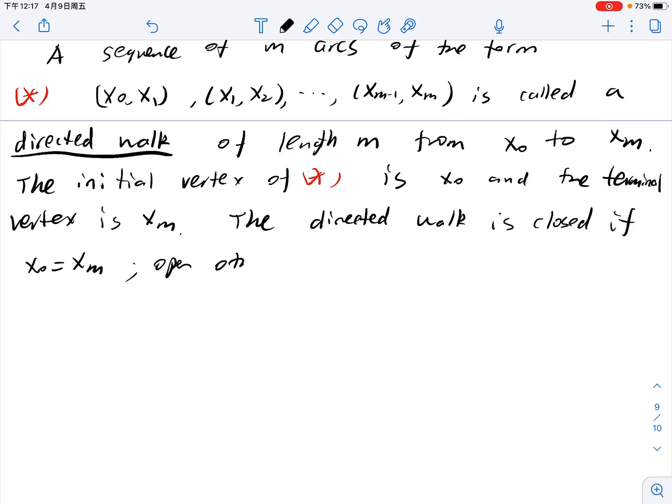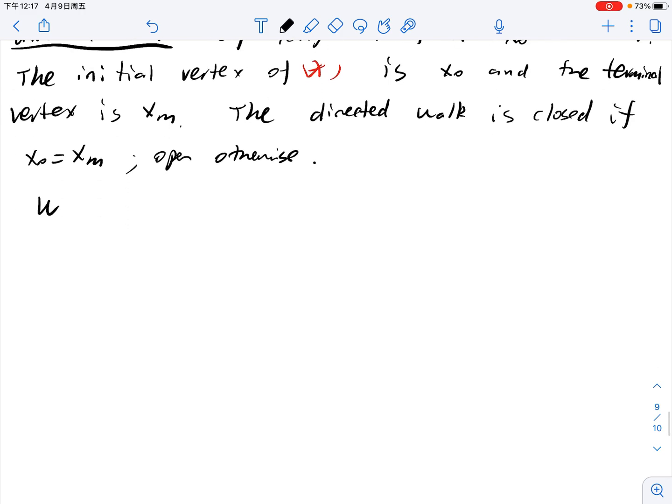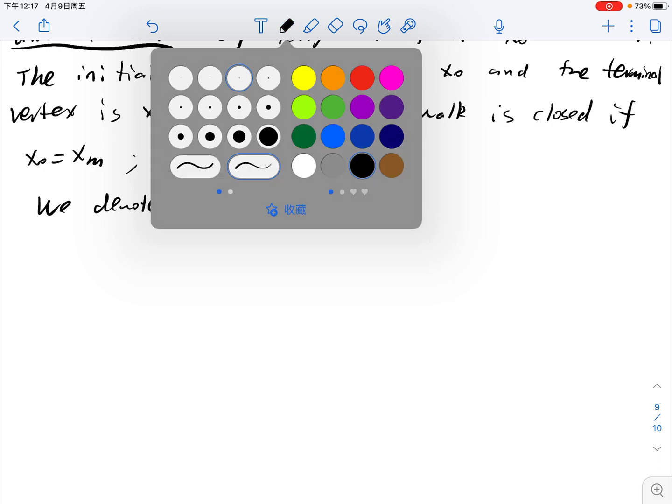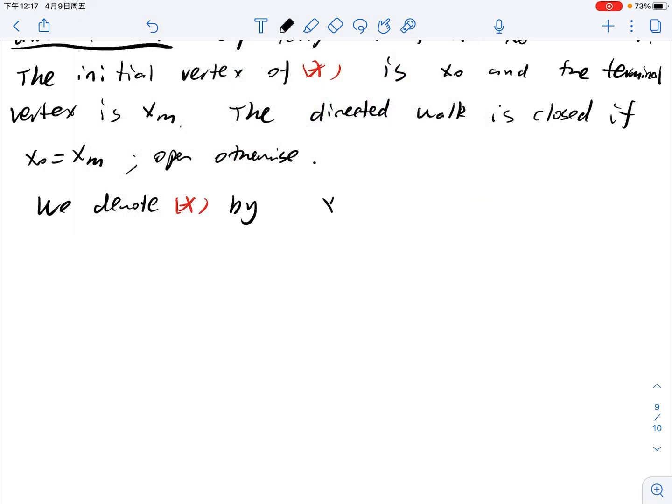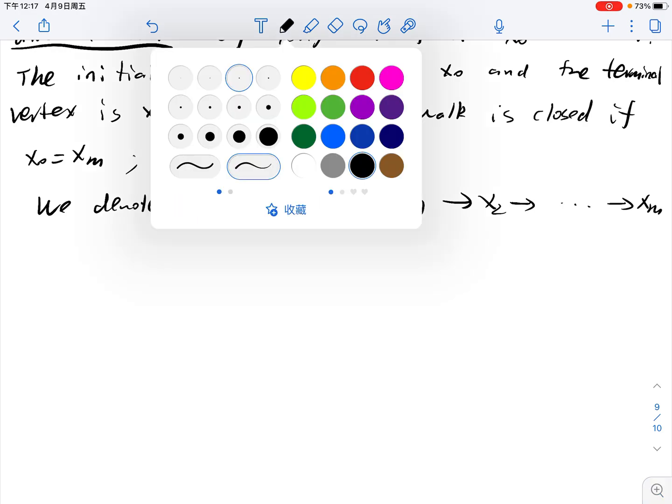We denote the walk by x0 to x1 to x2, all the way to xm.